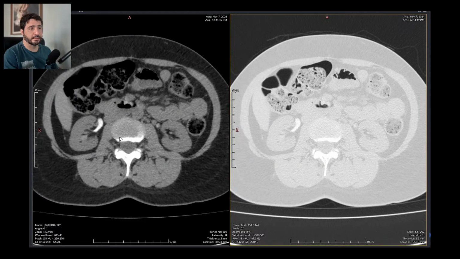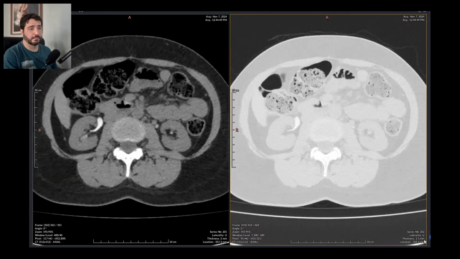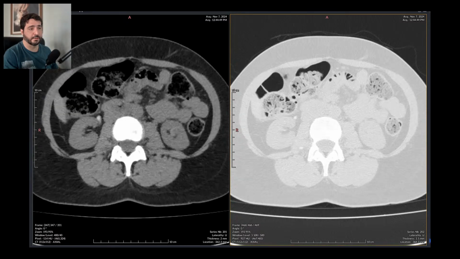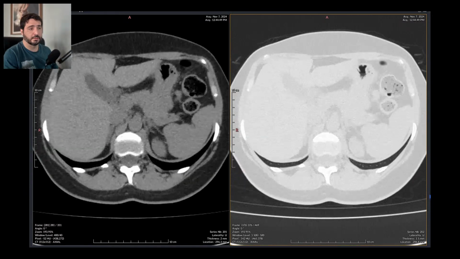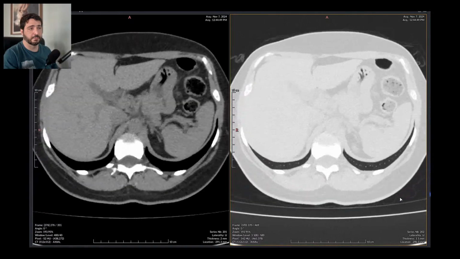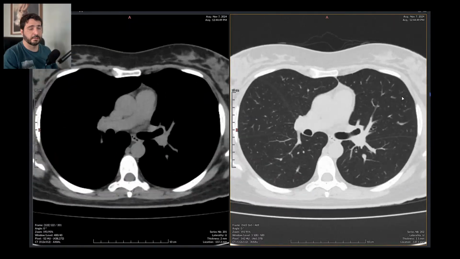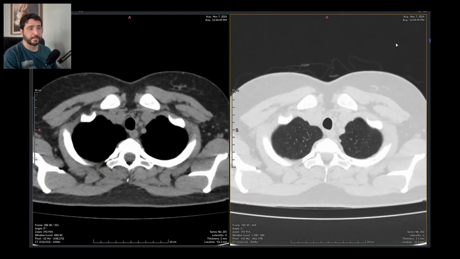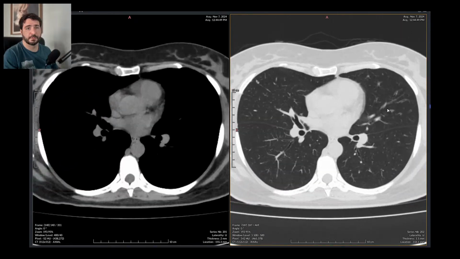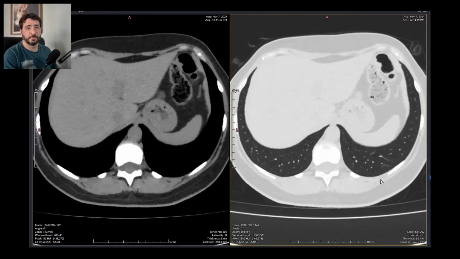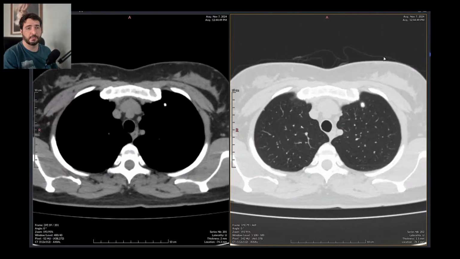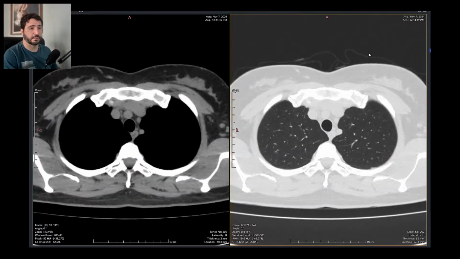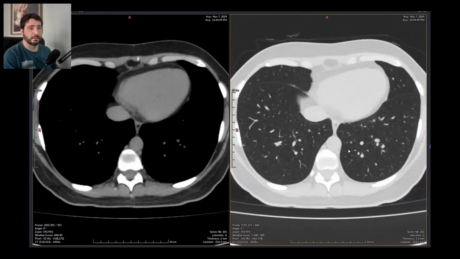It seems this patient has gone through some kind of contrast enhanced scan previous to this one, because see, there is contrast enhancement on the urinary tract, which is at least a couple of hours before this exam. Sometimes it's 12 to 24 hours depending on the patient's kidney function.